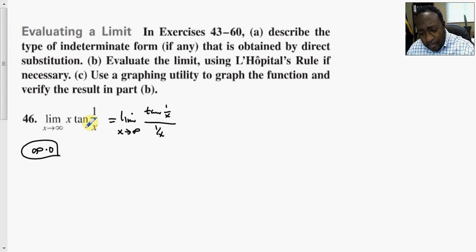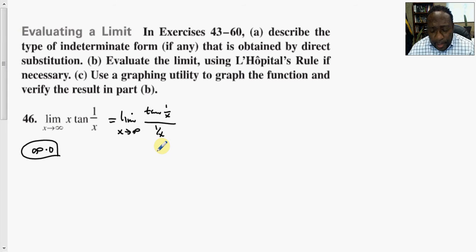But this is of the form of the limit of f of x divided by g of x, where f of x and g of x, that ratio with the limit is said to be in an indeterminate form.